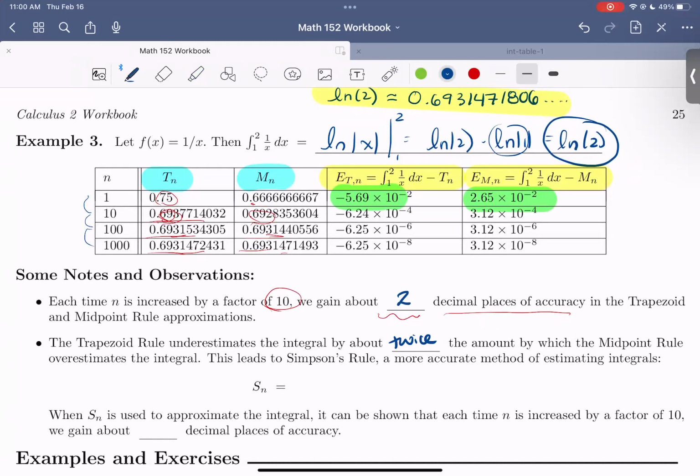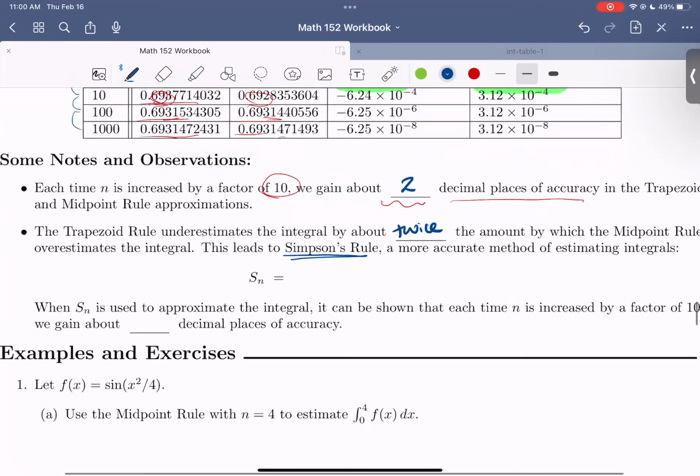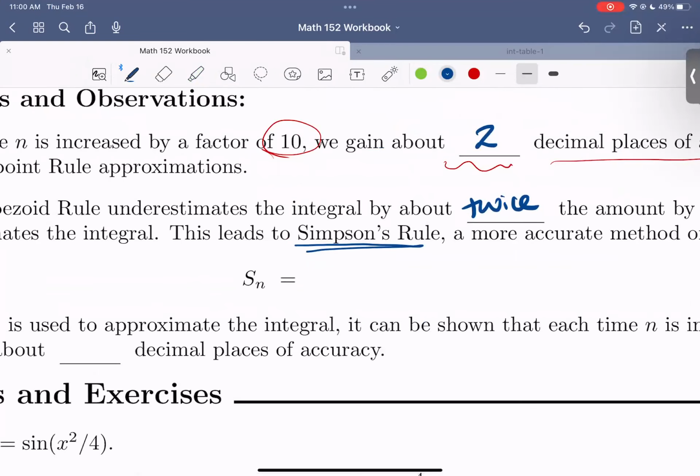So this leads to a new rule called Simpson's rule, which is basically just using the midpoint and trapezoid rules together. So Simpson's rule says how you should approximate the integral is to take 2 of the midpoint approximation, add that to 1 of the trapezoid, and then divide by 3.